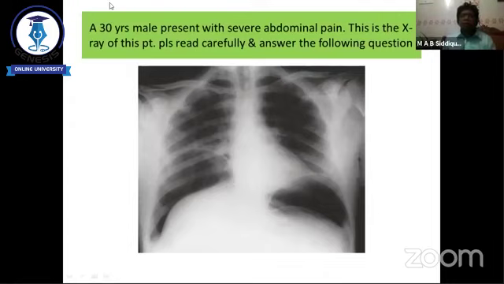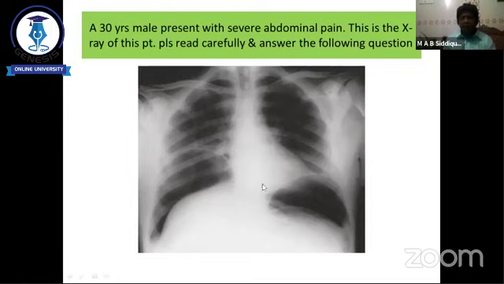In your OSPE station, there may be some clue in your scenario that will help you answer the question easily. If you look at this X-ray, what will we see? This is a chest X-ray showing the trachea centrally placed, the heart shadow, and the lung shadow.